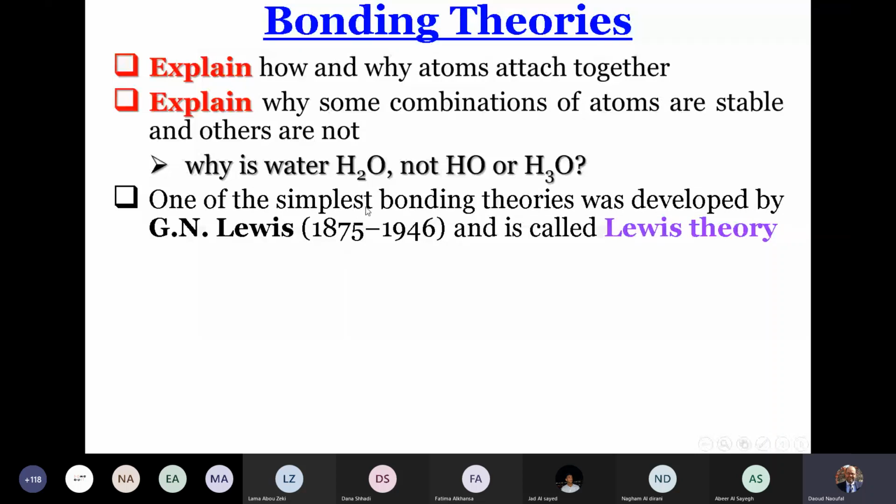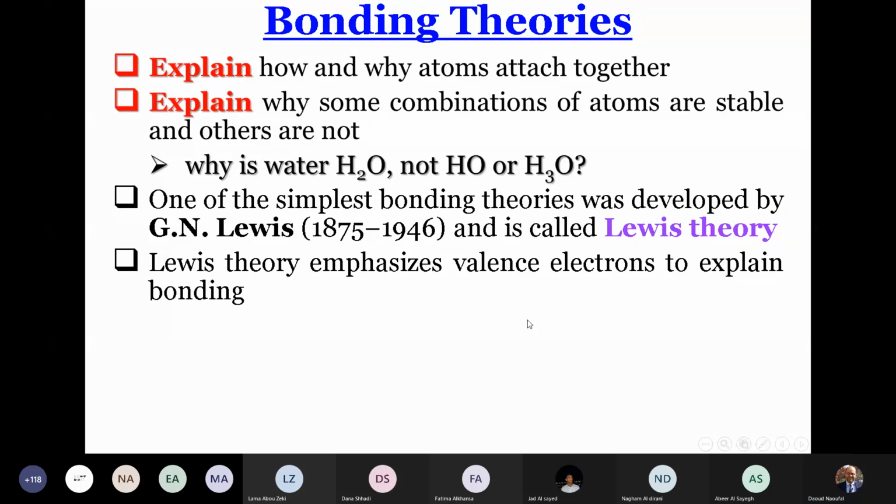One of the simplest bonding theories was developed by Lewis and is called the Lewis theory, and the abbreviation is LT. The Lewis theory draws or uses the valence electrons of the atoms to explain the principle of bonding. In each atom, we have a nucleus.